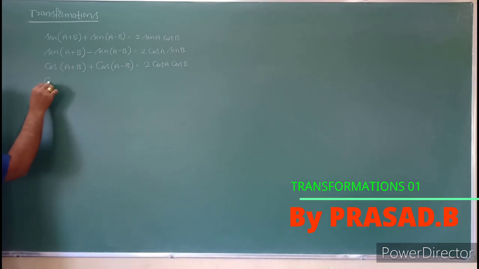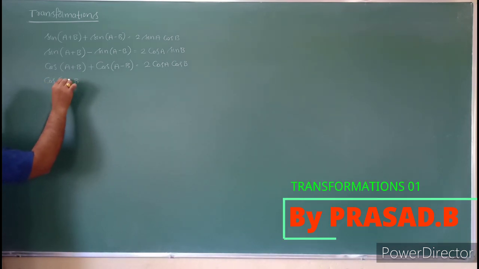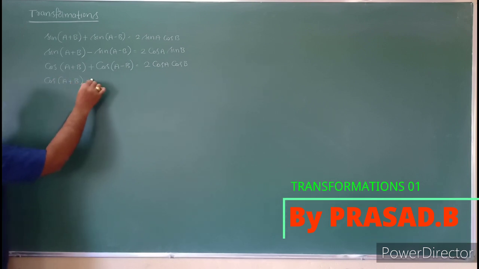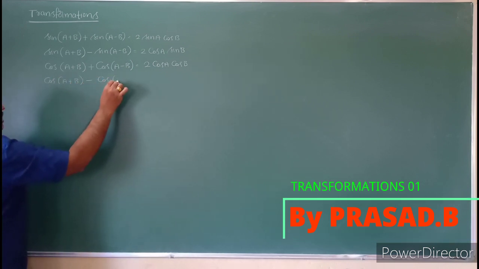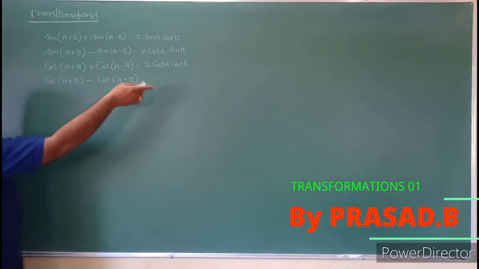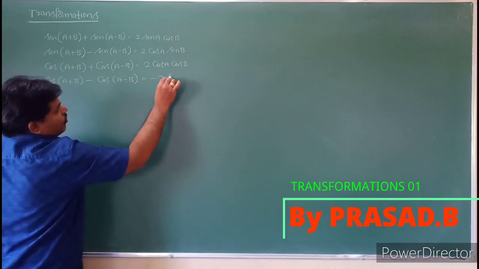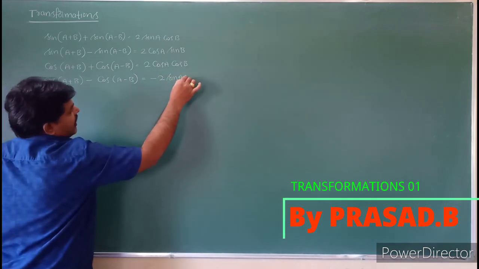And also cos(a+b) - cos(a-b) is equal to minus 2 sin a sin b.